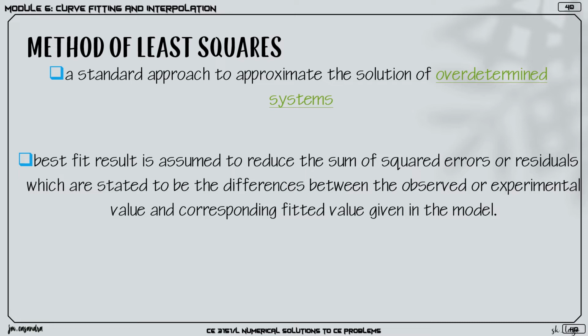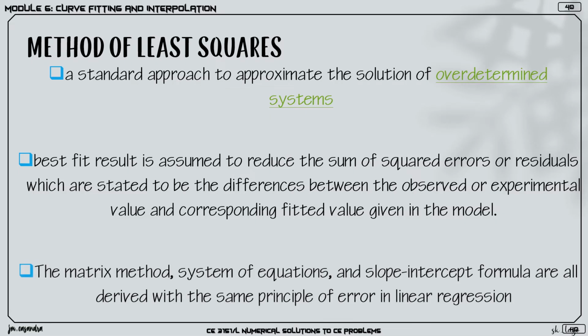The best fit in the method of least squares is assumed to reduce the sum of squared errors or residuals, which are the differences between the observed or experimental value and the corresponding fitted value given in the model. The matrix method, the system of equations, and the slope-intercept formula are all derived with the same principle of error in linear regression using the method of least squares.